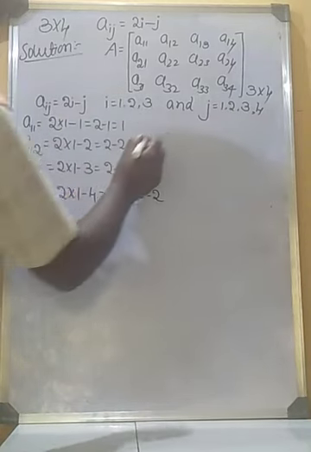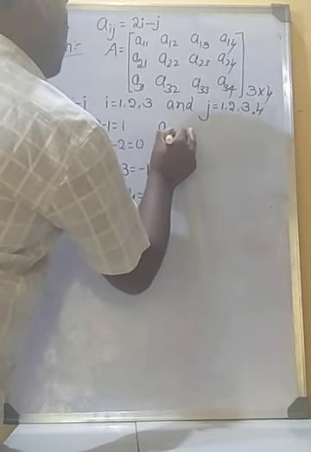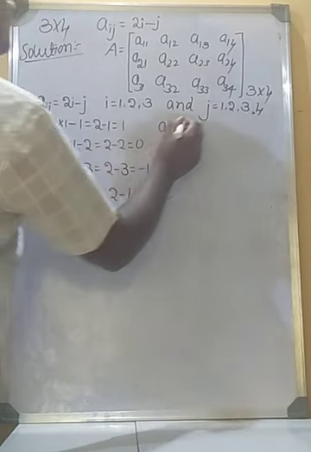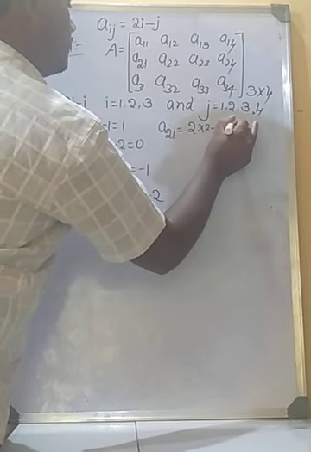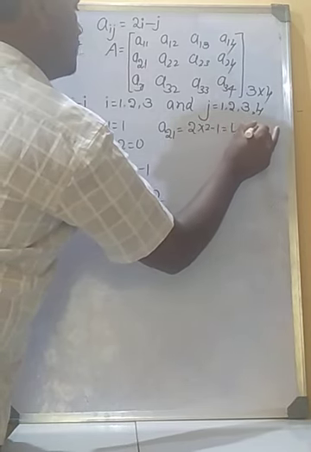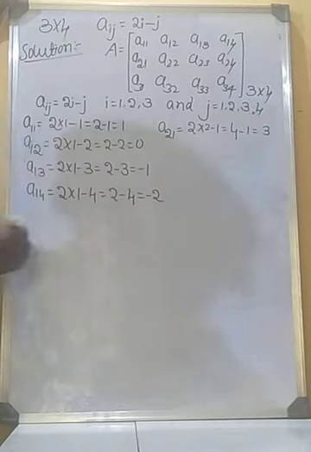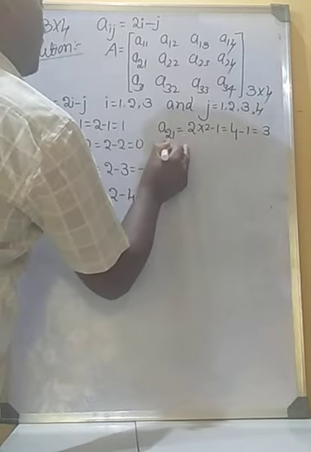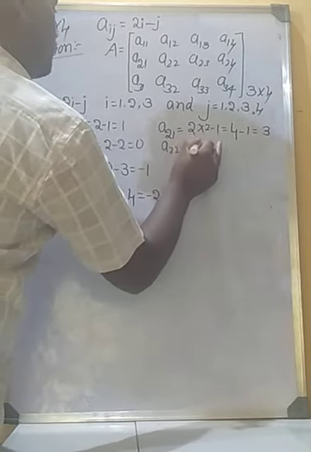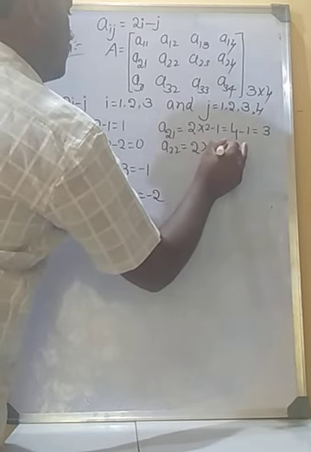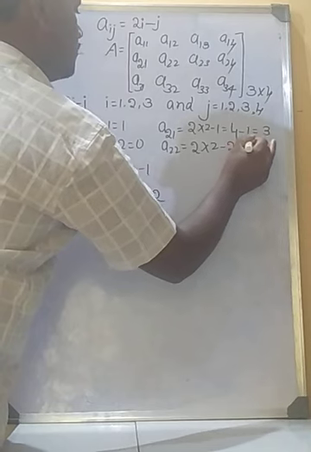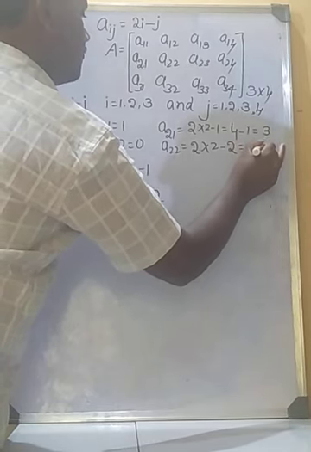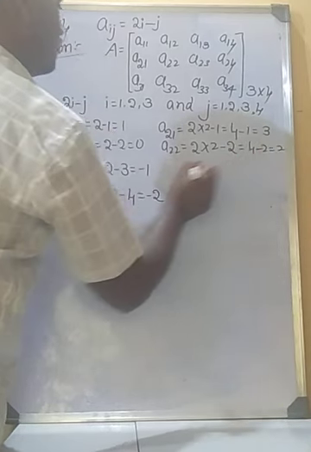The next, A21 is equal to 2 into 2 minus 1 is equal to 4 minus 1 is equal to 3. A22 is equal to 2 into 2 minus 2, 2 twos are 4, minus 2 is equal to 2.